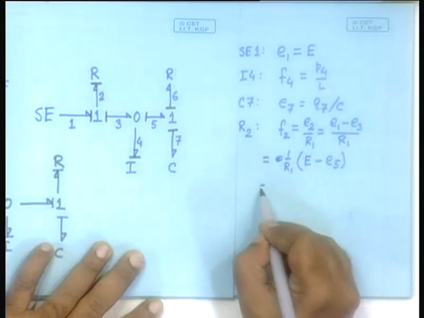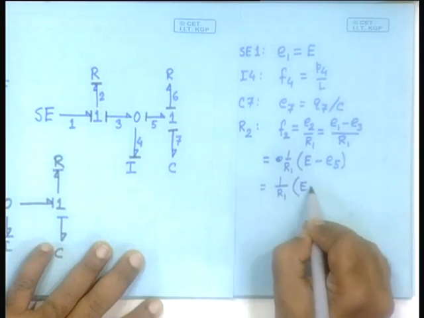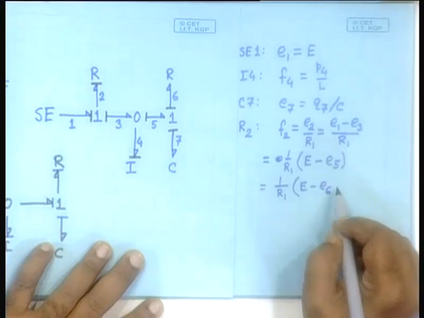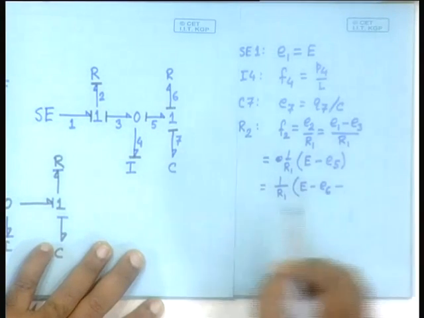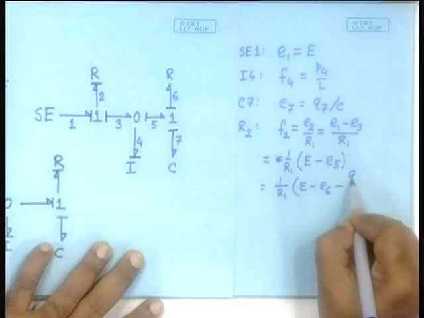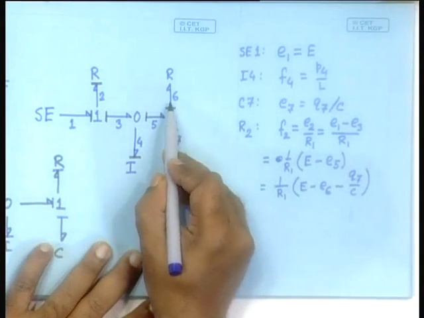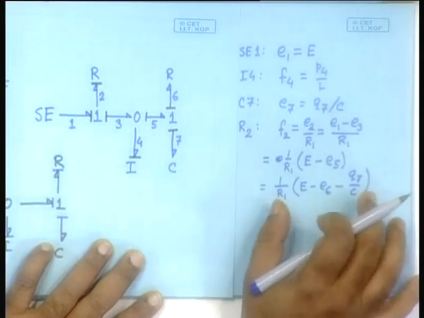So, it is equal to 1 by R1 times E minus E6 plus E7. So, this will be minus. Now, E7 is known, Q7 by C, but E6 we do not know yet. Keep it like this, fine. Presently keep it like this.